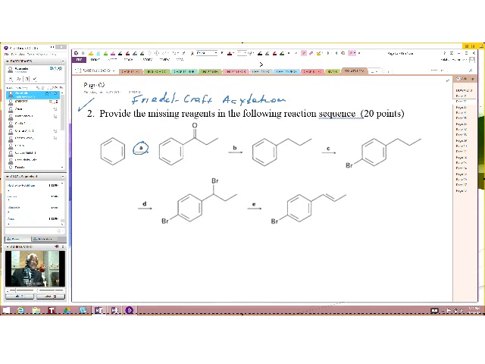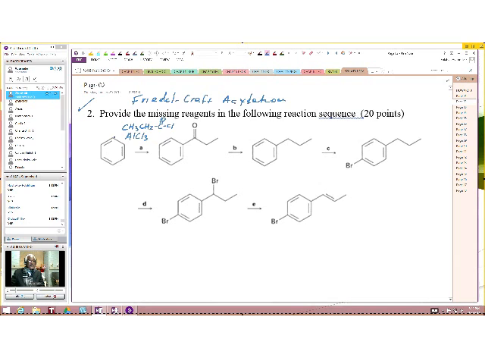Excellent. So we use what we call an acid chloride in the presence of aluminum chloride as a catalyst.